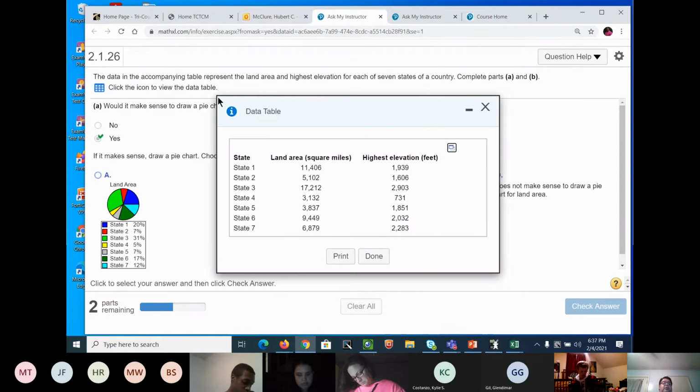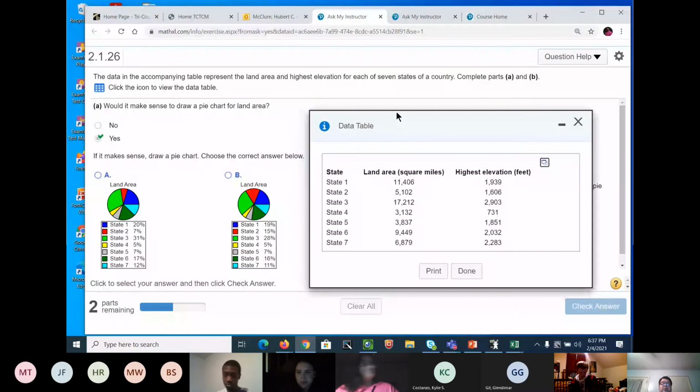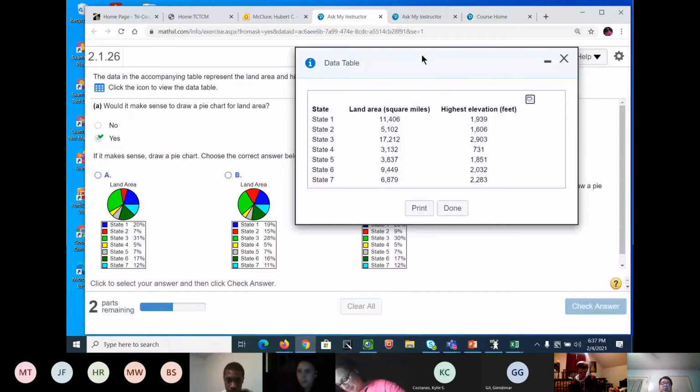Let's see. The data represents land area in 7 states. Highest elevation. Would it make sense to draw a pie chart for the land area? Yeah. And then what does it say?